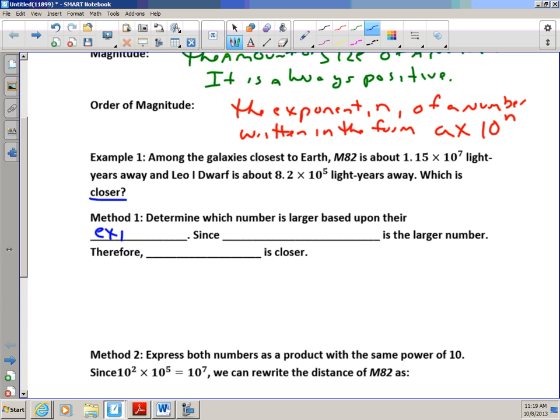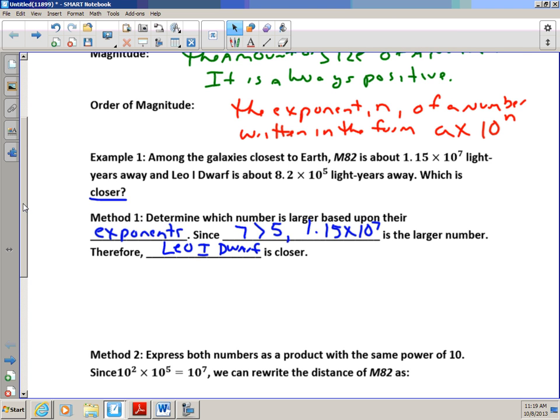We're going to look at their exponents, because they're both written in proper scientific notation. Since the exponent 7 is greater than the exponent 5, we know that 1.15 times 10 to the 7th is the larger number. Well, since we want to know which one is closer, it's Leo 1 dwarf, because the closer is the smaller of the two.